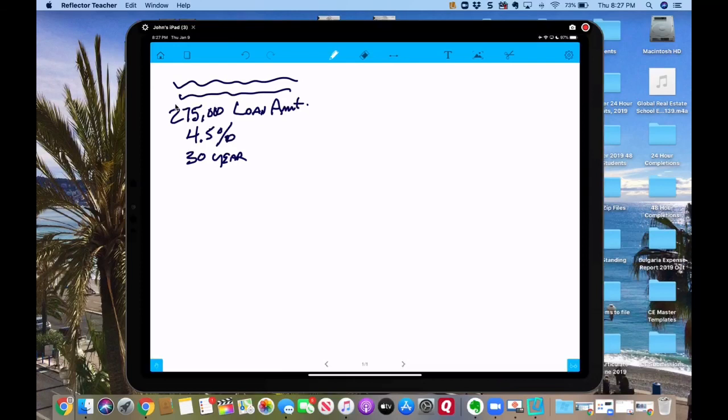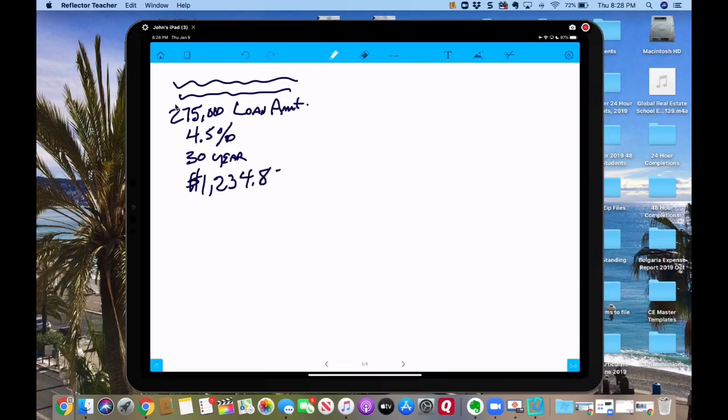That's not right. 275 principal value. Well, okay, so it's giving me this. It looks like I'm in some kind of a weird mode. I don't think this is right, but maybe it is.